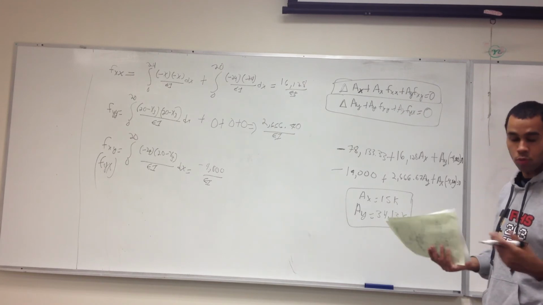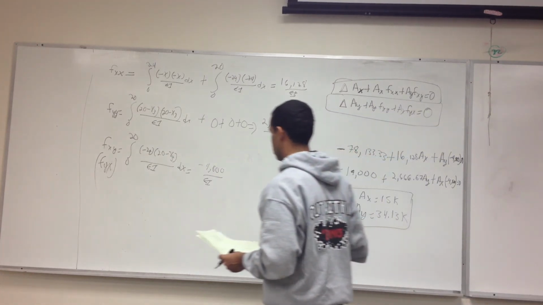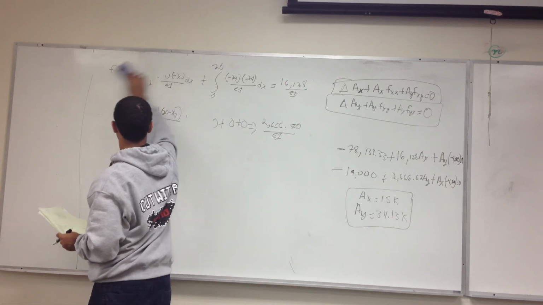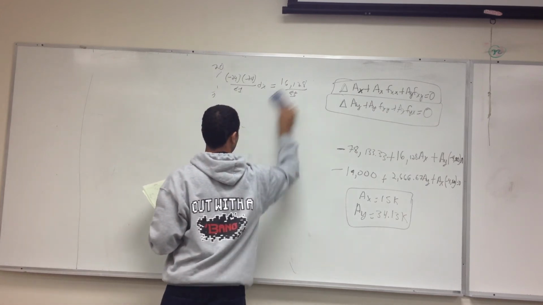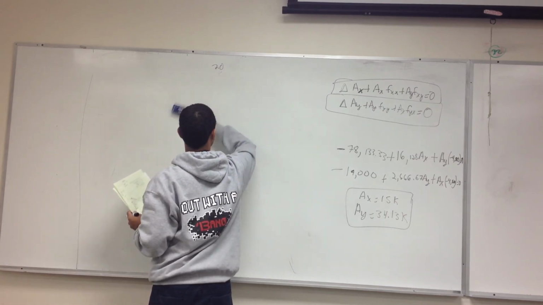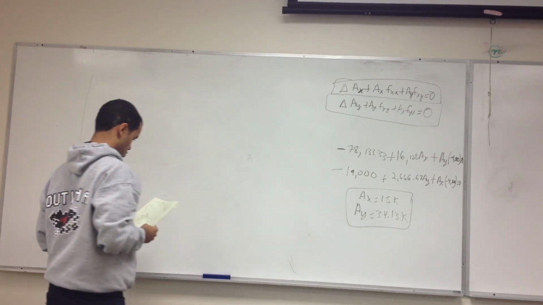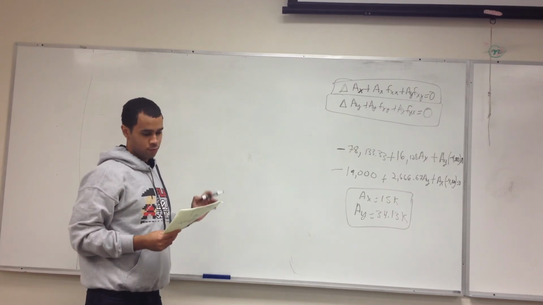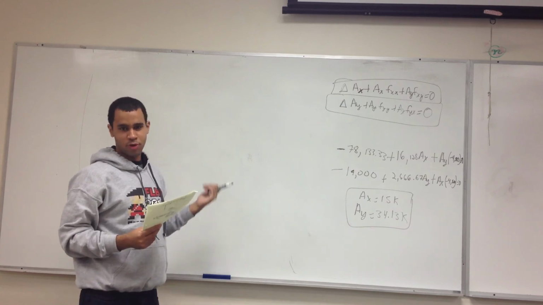We have to do the statics over again for the frame, which is what we're going to do now that we have all the reactions. Because now that we have all the reactions, we need to refine what the reactions are at the fixed support.